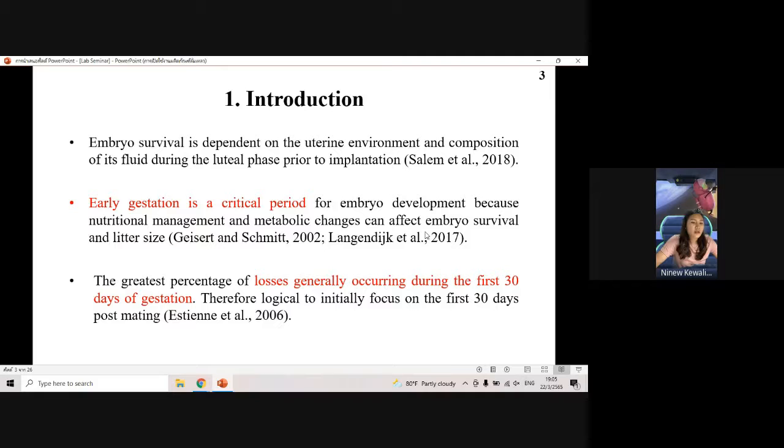It can affect embryo survival and litter size. The greatest of the pregnancy losses generally occur during the first 30 days of gestation. Therefore, it is logical to initially focus on the first 30 days post-mating.